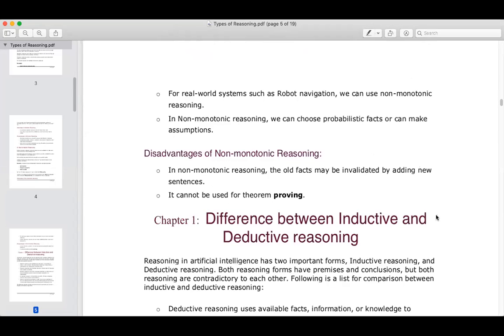Different types of reasoning. Inductive, deductive, common sense, abductive, monotonic, non-monotonic. Very good.